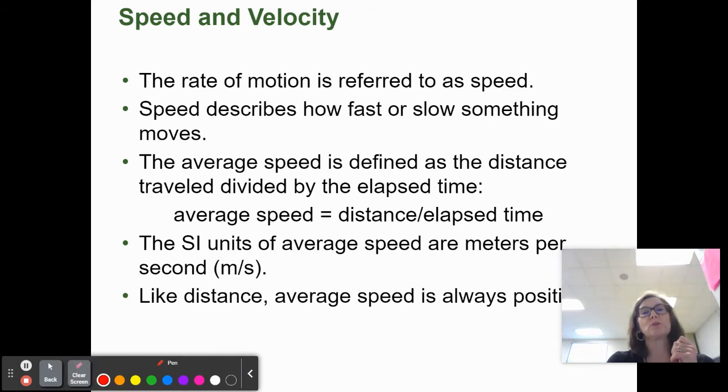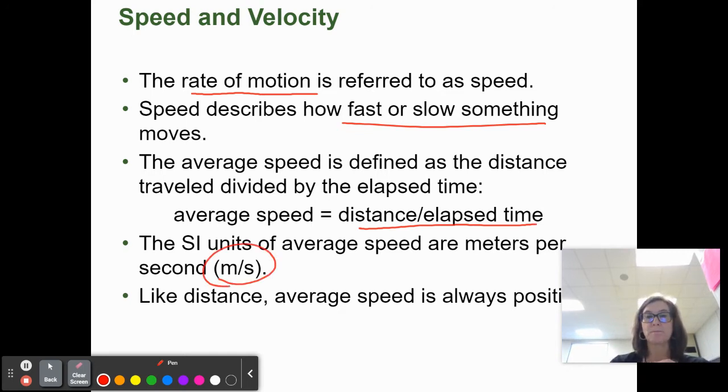Speed is referred to as the rate of motion. So it looks at how fast or how slow something moves. And the formula, or how we determine speed, is we're going to take distance and divide it by time. So our units are meters per second. Speed is always positive. So that's something to remember. Speed is always positive.